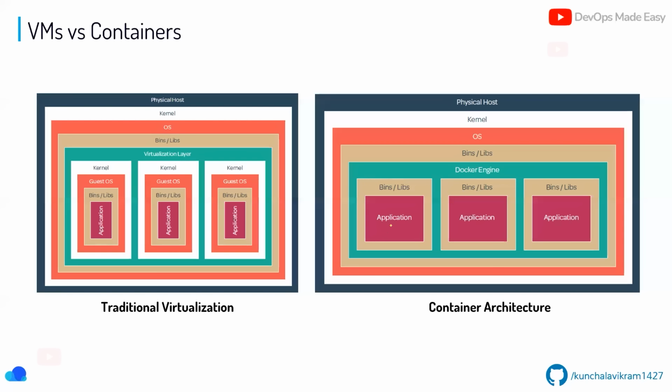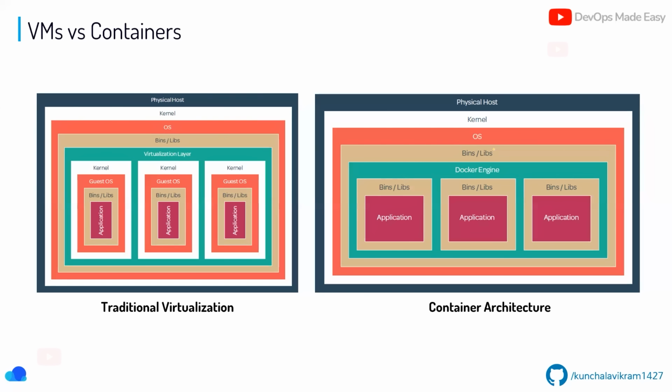And then there is another difference here, if you'd like to know. You have your physical host, your kernel, and your operating system binaries. Then you have the virtualization layer created using type 1 or type 2, and inside each VM, again, they have their own guest operating systems.